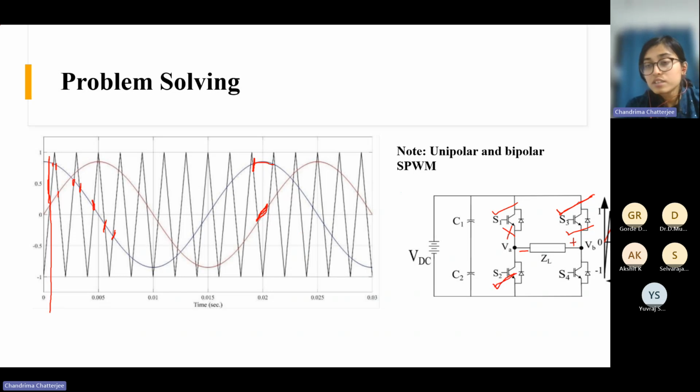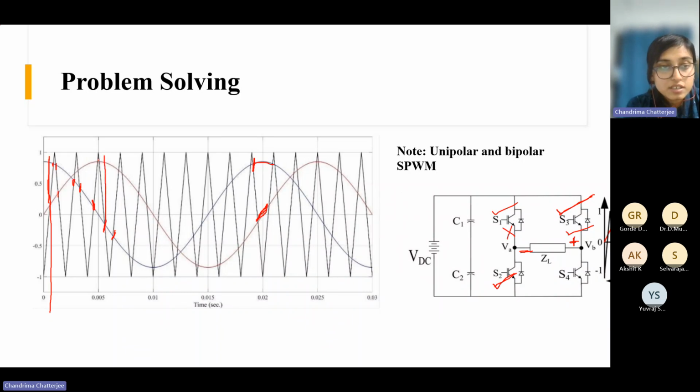So again you are getting negative VDC. So it should be somewhere like this. Yeah, during these positions we will get plus VDC, I guess.